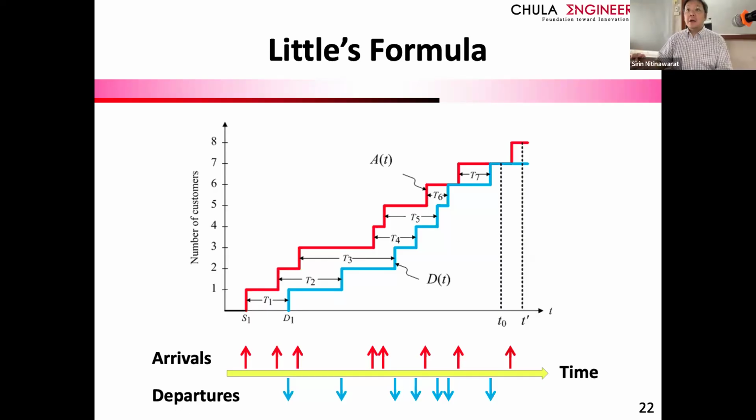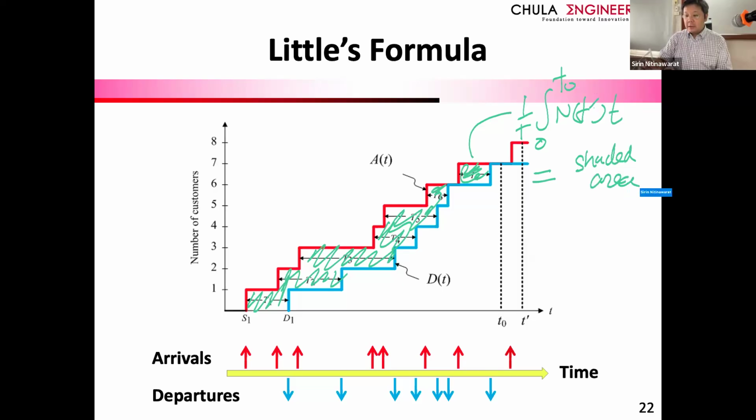The numerator is the area between the two curves, because the difference is NT. So let's say I average until time T0, then 1 over T0 of the integral of NT from 0 to T0 should be equal to the shaded area divided by T0, right?